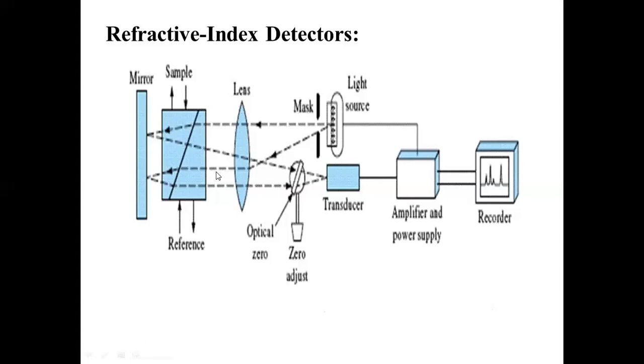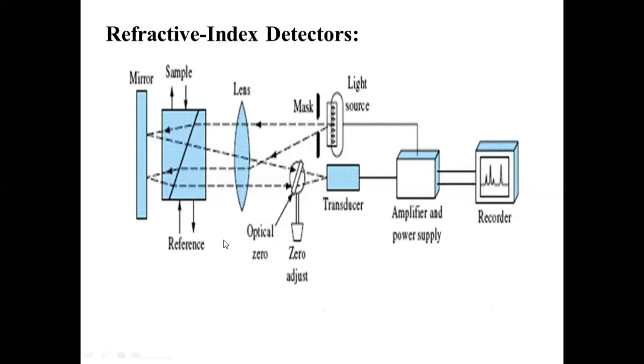As the solute molecules get separated, let the mobile phase move in this particular direction and the solute molecules move in this direction. The bending of the light radiation due to the refractive index of the solute molecule will definitely be different from that of the reference, the mobile phase. Here the bending is more, here it is less, or here it may be more, or here it may be less, whatever it is.